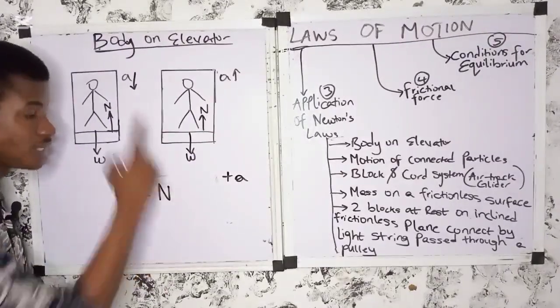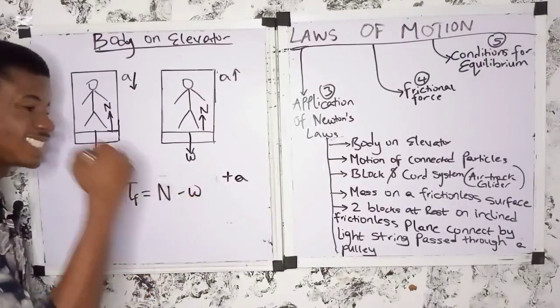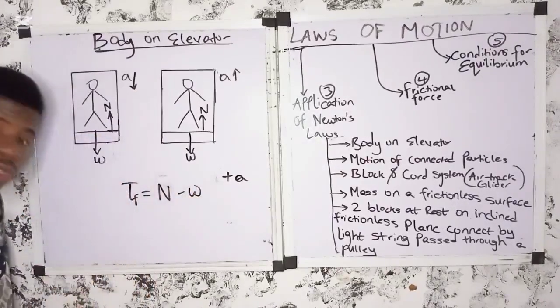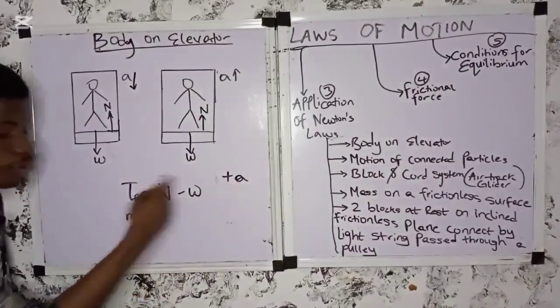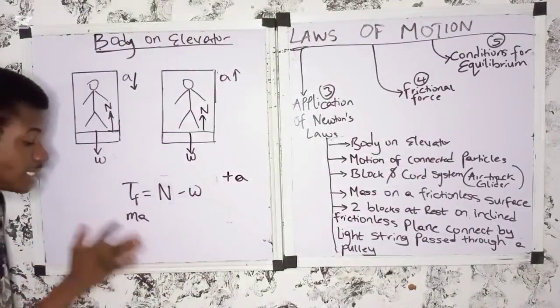So the total force acting on the system is the normal reactional force, which is acting upward, minus the weight, which is acting downward. Now, what is the formula for force? Normally force is ma, right? Since the acceleration is positive, you don't see anything negative here.